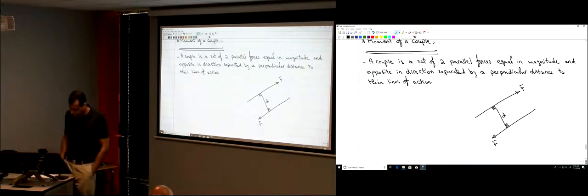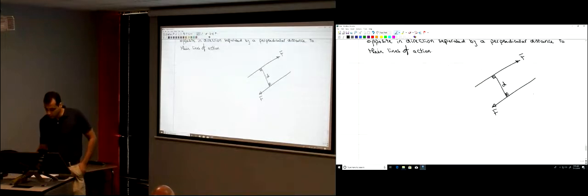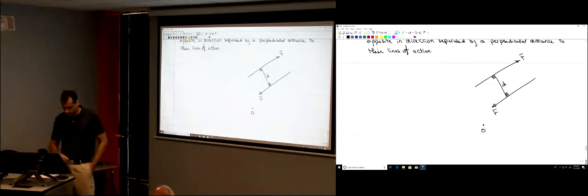So now, those two forces, they would have a moment, right? So let's try to take the moment of those forces about some arbitrary point, okay? Some point here. Let's call this point O, okay?